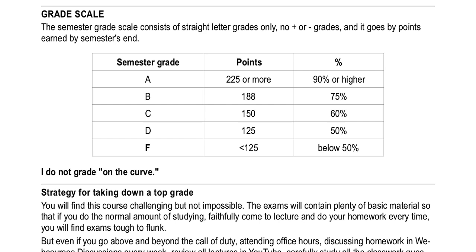The sentence in bold at the bottom below that, it says, I do not grade on the curve. Where is that here? Oh yeah, grade scale. Those tables are a little dislocated there. Yeah, I don't grade on the curve.